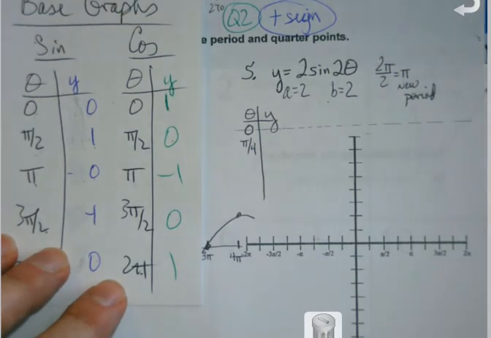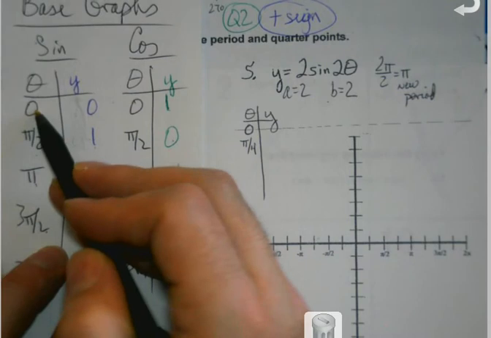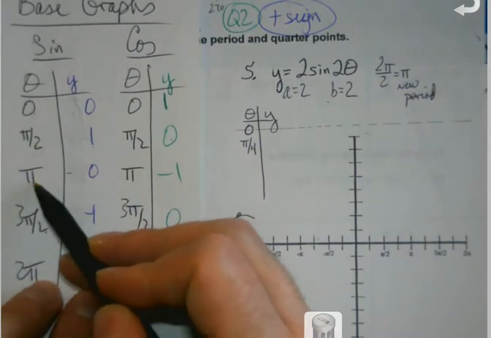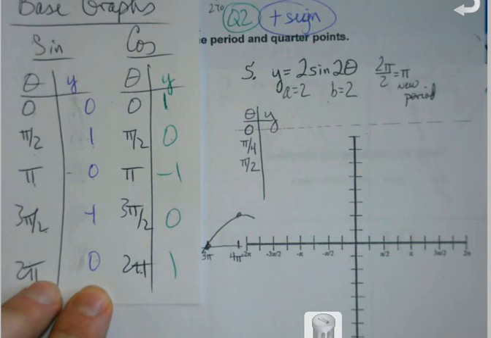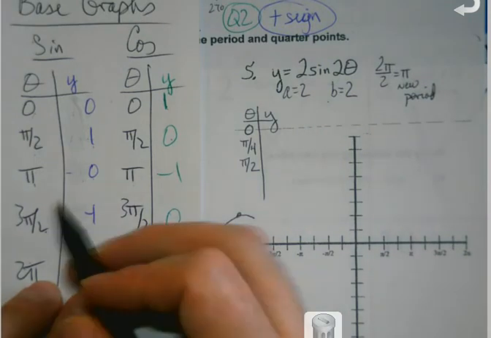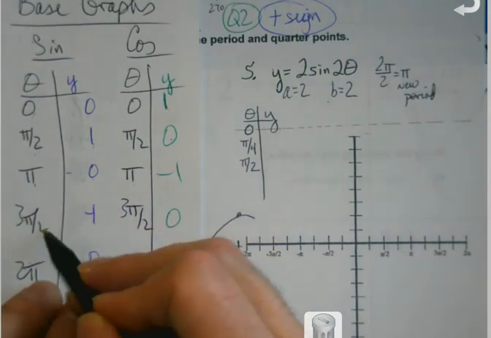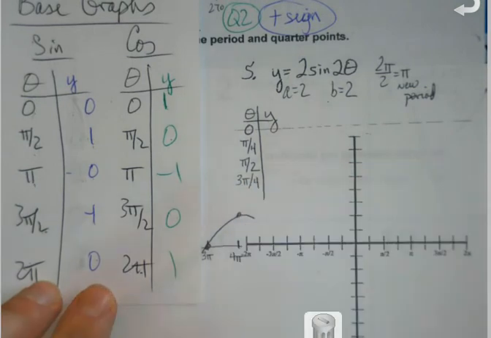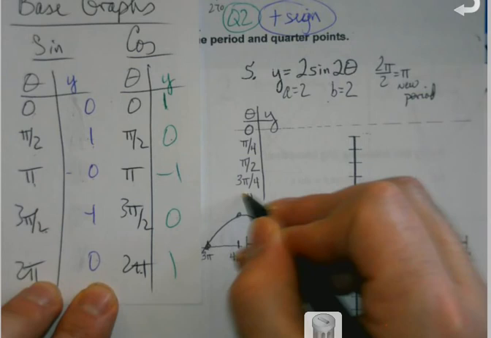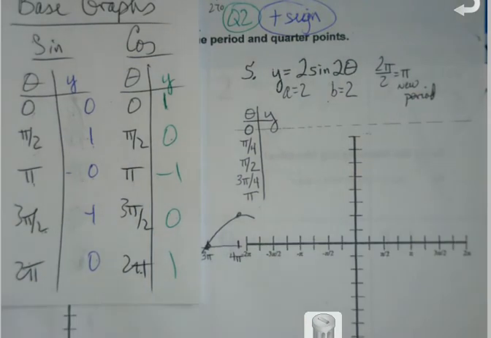But if I wanted to do the side work, if you're more comfortable with that, you're going to multiply these by 1/2. Half of pi is pi over 2. 1/2 times 3/2 means I'm just multiplying the denominator by my value. So 3 pi over 4. And then half of 2 pi is pi. And it matches up with my period. So I feel, okay, I did this right.